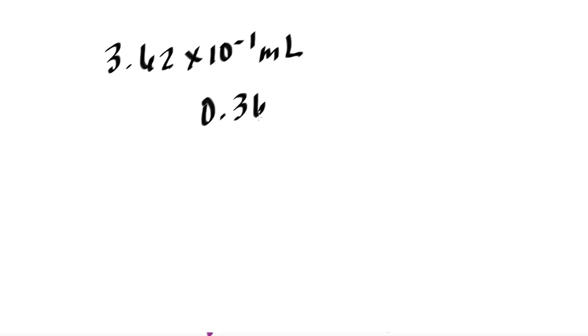Next problem. On the previous one, we had 3.62 times 10 to the minus 1 milliliters. You probably put this into your calculator and would have gotten back 0.362 milliliters. Perfectly fine answer. I was just being lazy and chose not to put anything into my calculator. So it's really up to you. Both answers are the same, and it doesn't matter what format you put it in, as long as it's right.